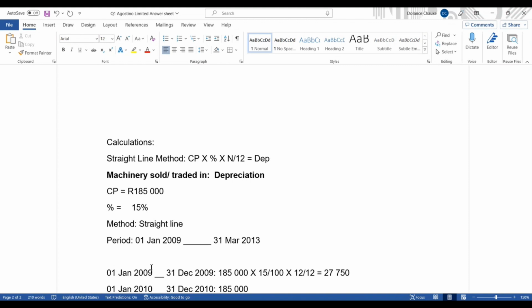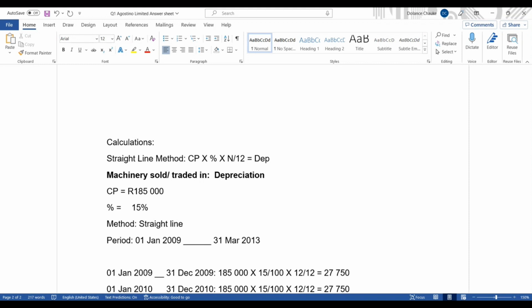It's still 15. And the year is still the same, 12 months, multiplied by 12 divided by 12. The amount is going to be the same, 27,750, because nothing changed.